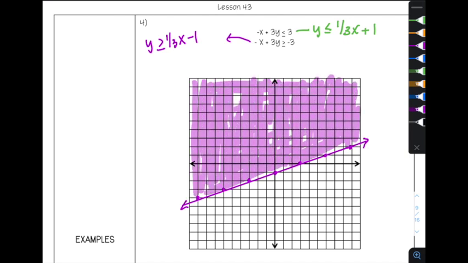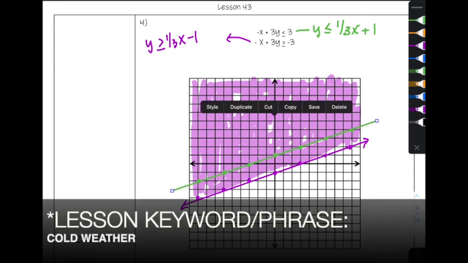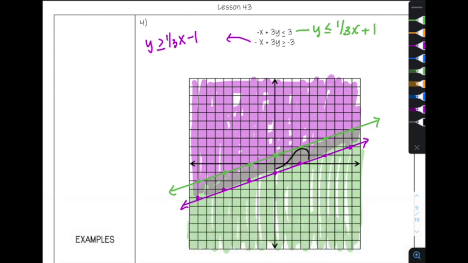And then we have our first inequality, which was plus 1. Okay, so here our solution set is going to be in this small area here, but it goes that way and it goes that way forever because remember our lines continue moving on and on.